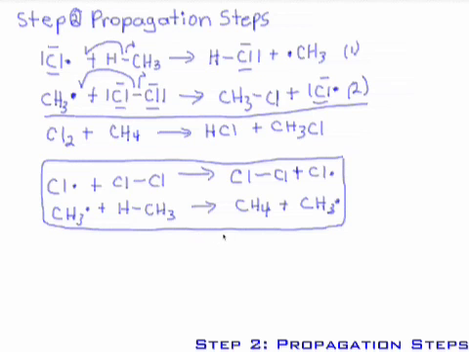Now, one of the interesting things to note is there's potentially a complication to this if you do this reaction in air. Oxygen can interfere with the reaction, producing less reactive peroxide radicals. Remember, oxygen is a diradical.